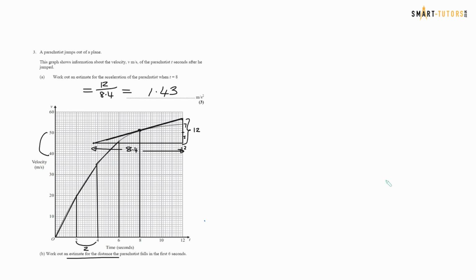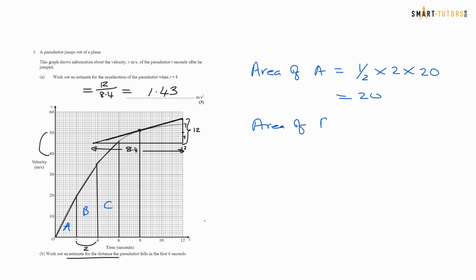Now I'm going to write this as A, this is B, this is C. So area of A, which is half, base is 2, height is 20, so this is going to be 20. So area of B is a trapezium, so 20 plus 35 divided by 2 times 2.